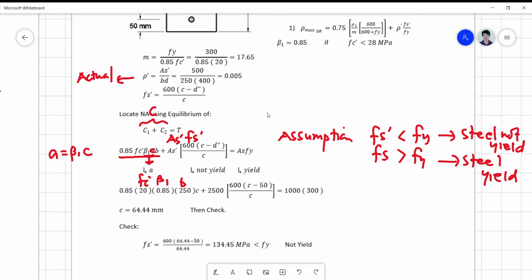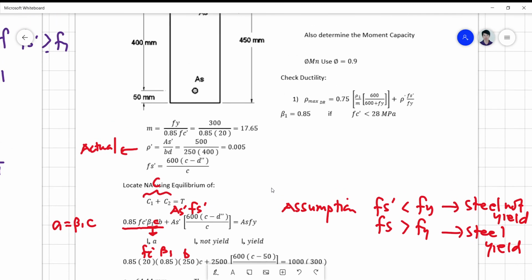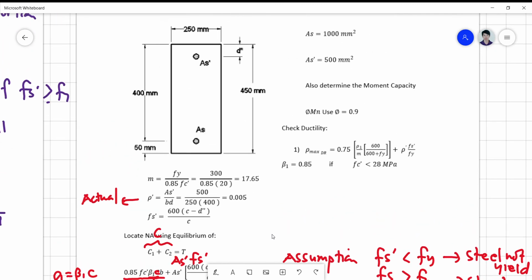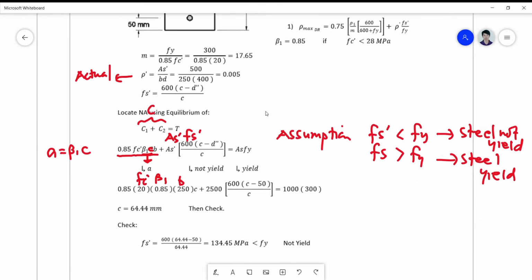The area of As prime is 500. So it's not 2500. So this is 500, and this is 600 (c minus 50) over c is equal to 1000 times 300.